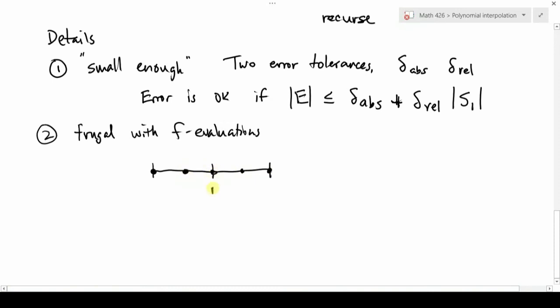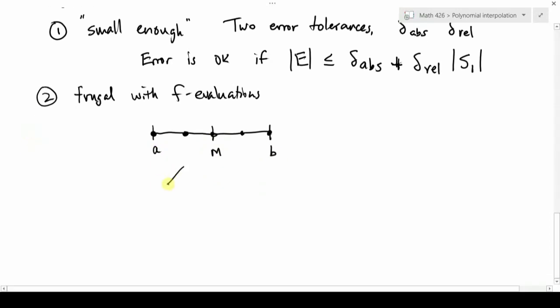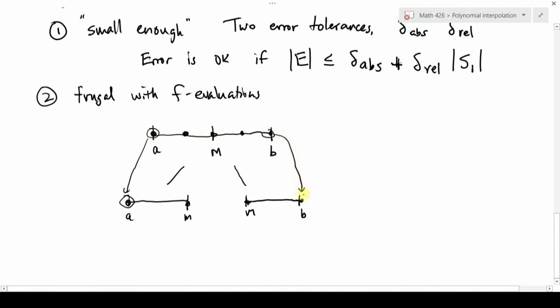So this point here is the point M. So now we're going to split this into two integrals, one of them from A to M, and another one which is done completely independently from M to B. So two recursive calls. Well, for one thing, it would be silly for us to reevaluate f of a every time at every level. We just want to keep using that value. Same for f of b. We just want to keep reusing that.